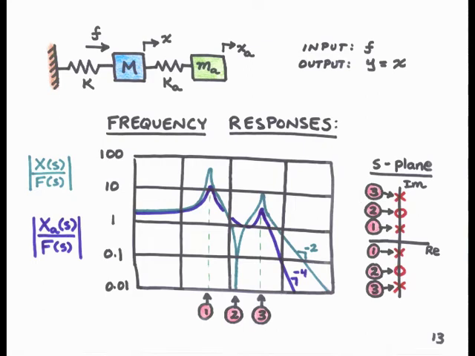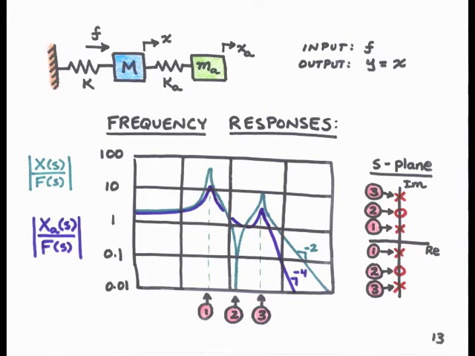We will look at the frequency response of two transfer functions. Both have input that is the force coming from the rotating imbalance, labeled F. The outputs that we're interested in are the motion of mass M and the motion of the absorber mass M_a.